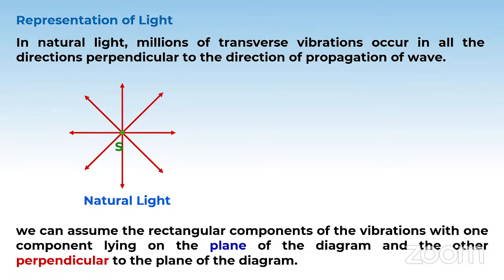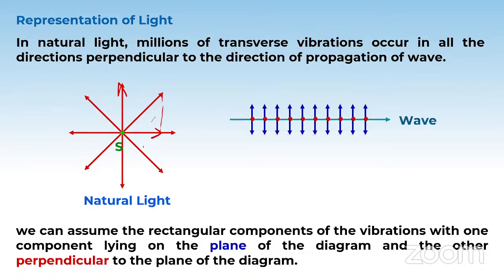So what does this mean? We are resolving these components into the horizontal and perpendicular directions, so that we can assume the light to be in only two directions, horizontal and perpendicular. Got it?